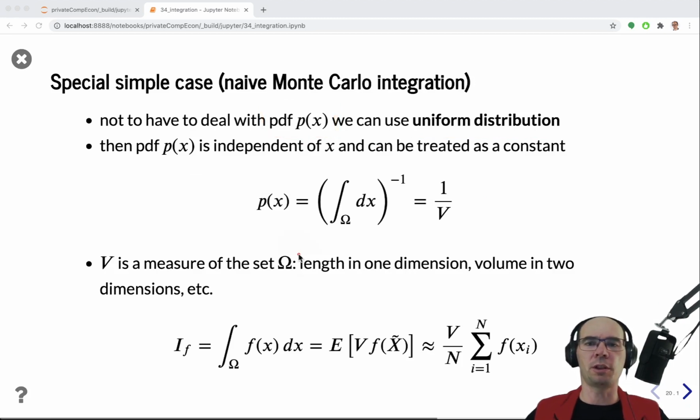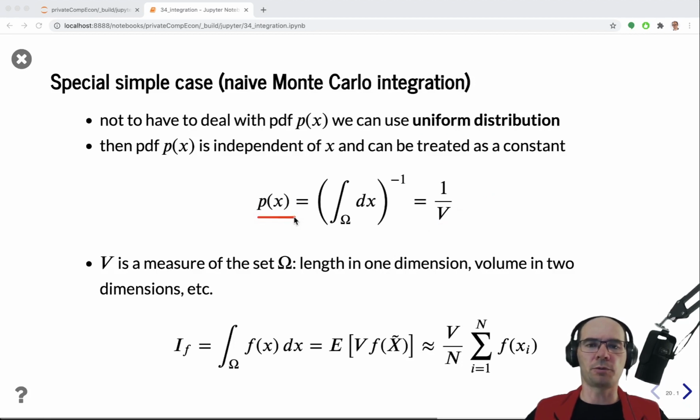If a random variable x is distributed uniformly over omega, then we just need the measure of that set, and the inverse of that value gives the PDF. As you can see, it's just flat. It doesn't depend on x. So if omega is an interval, for example, between a and b, then the measure of that set is just b minus a, and we would divide by b minus a over here.